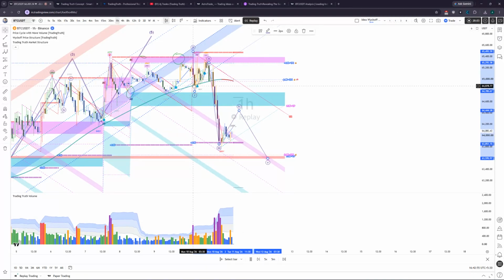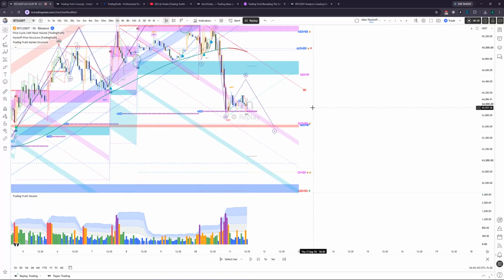So we're also looking for this ABC sort of pattern, the corrective pattern. Okay, so let's see, is this ABC now?